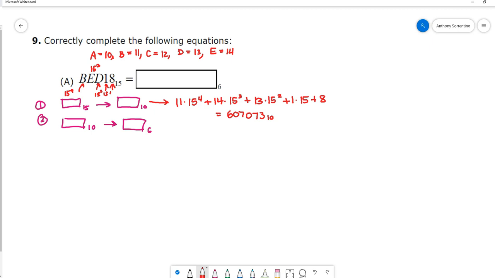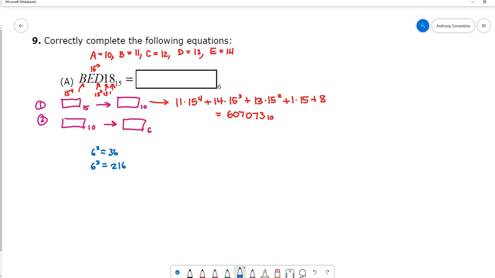Now I want to convert this to base 6. So I have to be aware of my powers of 6. Okay, well, 6 squared is 36. 6 cubed is 216. I want to see how high up I have to go, because I have 607,073.